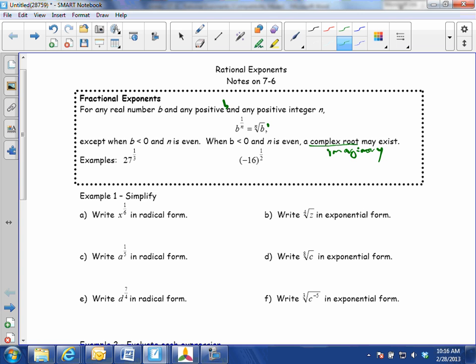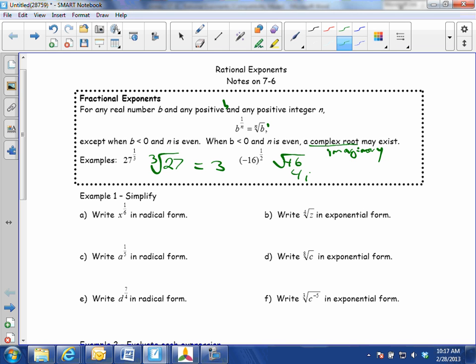Third root of 27. How can I write this one so that it has a box? What happens? Imaginary. So you have to pull out that i, and what's the square root of 16? 4i. What happens over here with the third root of 27? 3.